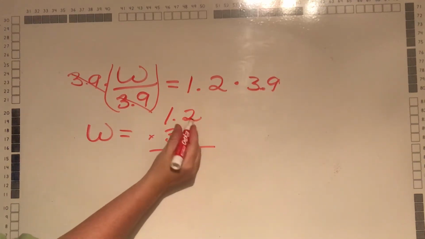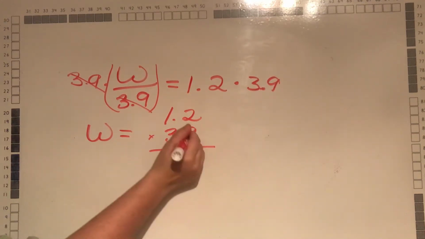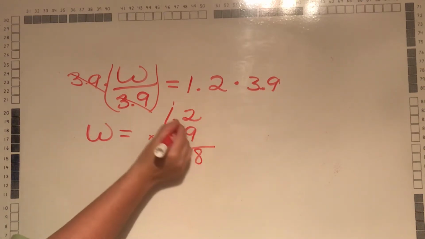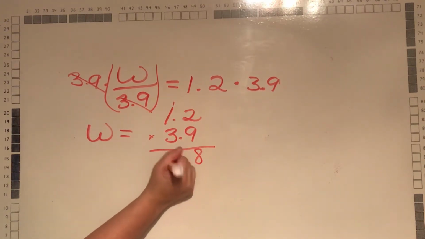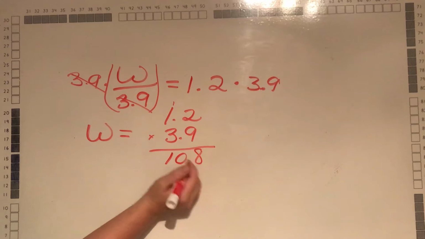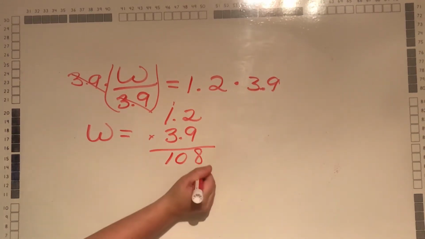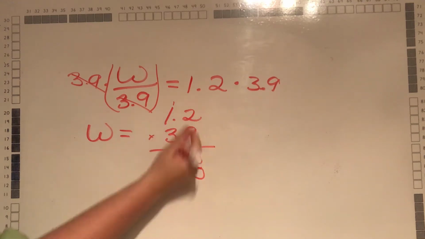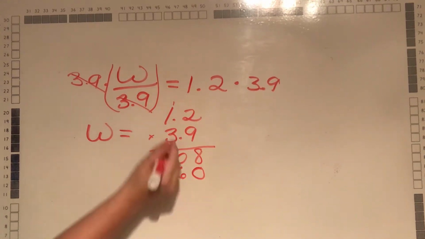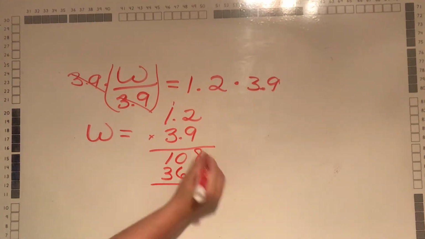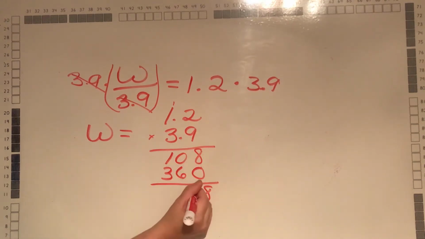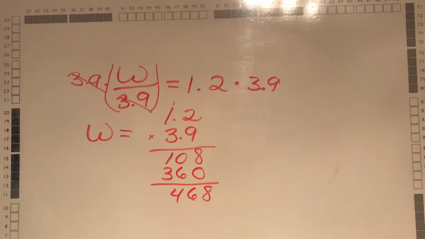So 9 times 2, 18, carry your 1, 9 times 1 is 9, plus 1 is 10, 3 times 2, oh, we forgot our 10 spot, put in the 0, 3 times 2 is 6, 3 times 1 is 3, add those together, 8, 6, 4. Where do we put our decimal?